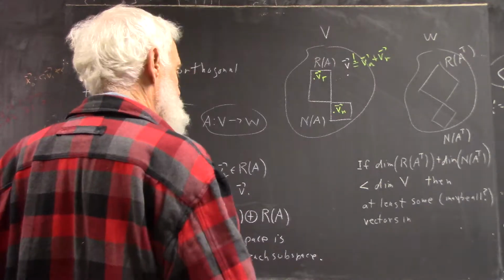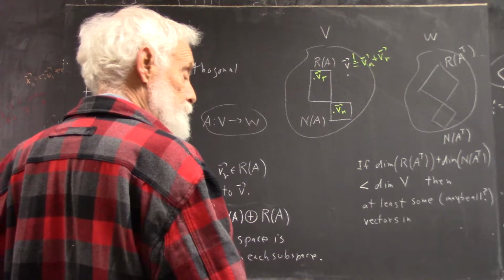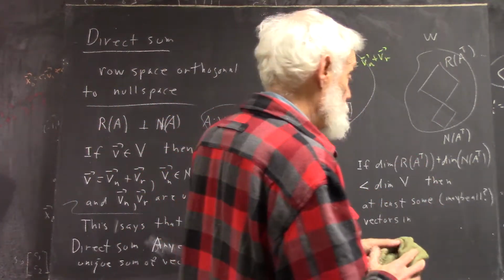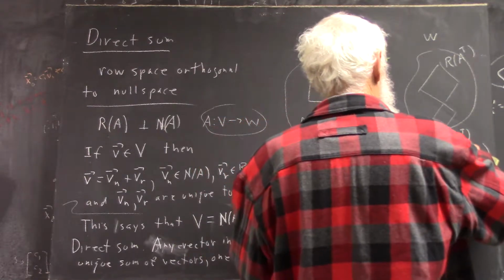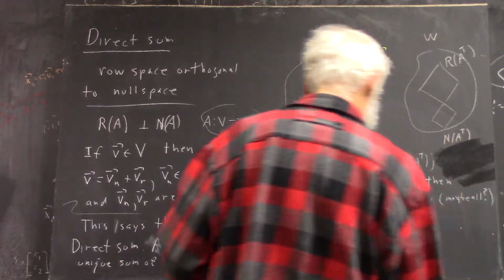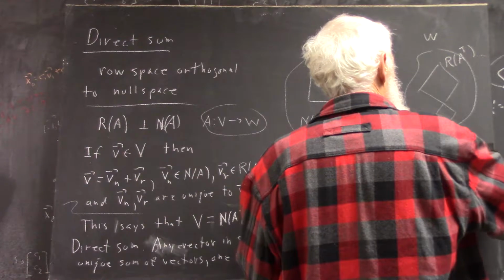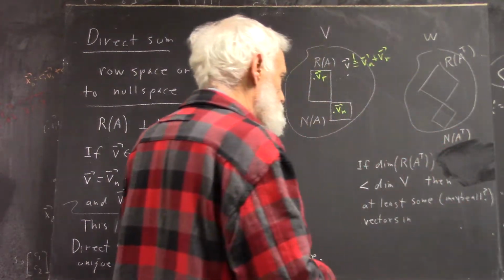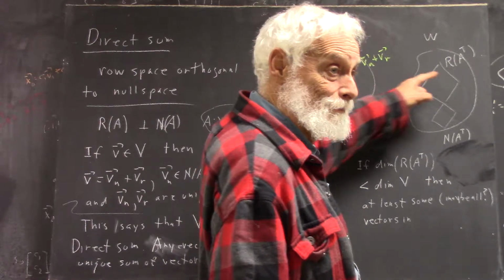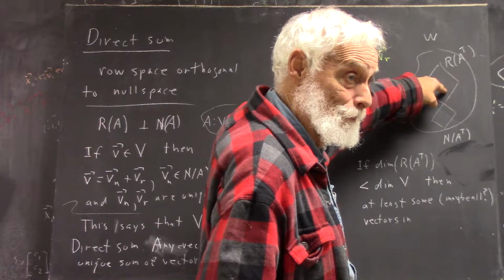And you know, I said more than I need to. Really, what I'm about to say is true. It doesn't care what the dimension of the null space here is. In whatever case, if the dimension of this, which is the range, the image of all of V, okay?